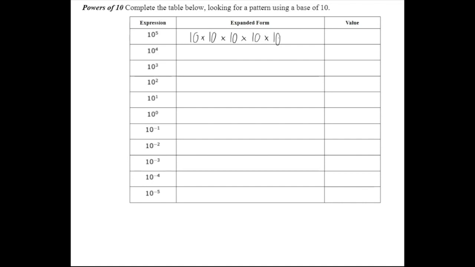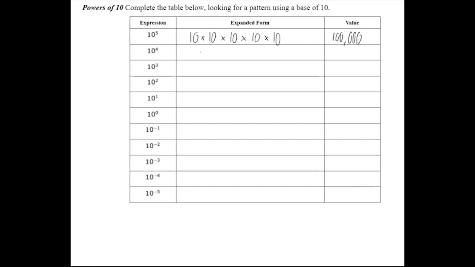And 10,000 times 10 is 100,000. Notice that we have 1, 2, 3, 4, 5 zeros with the 1 as the sixth unit. We'll circle back to that in a minute.